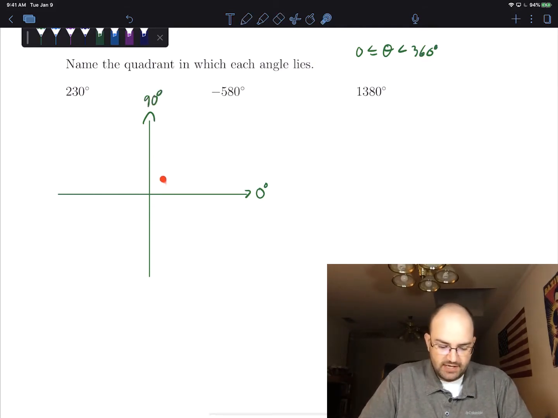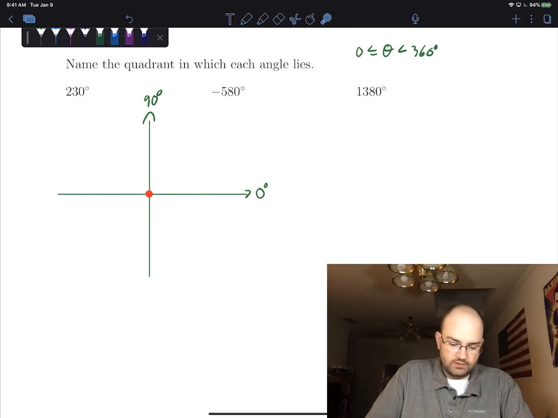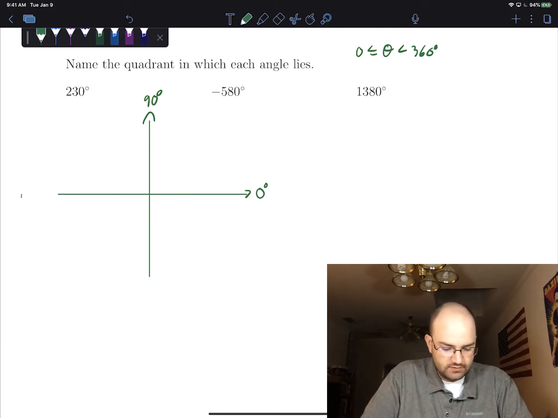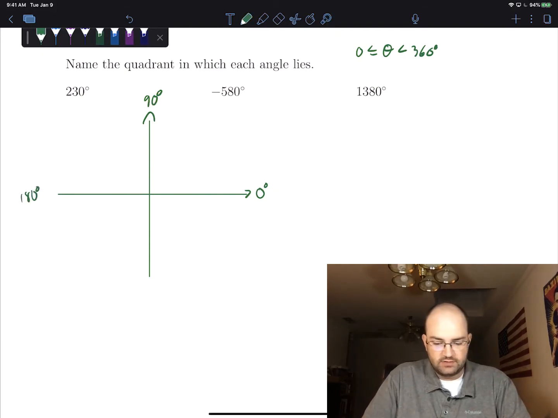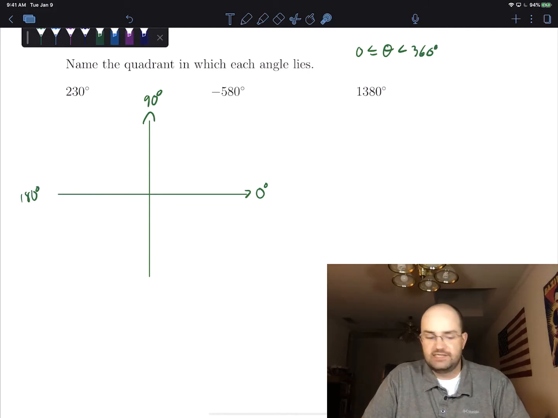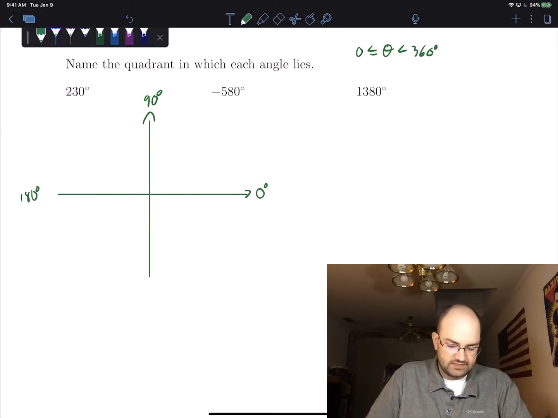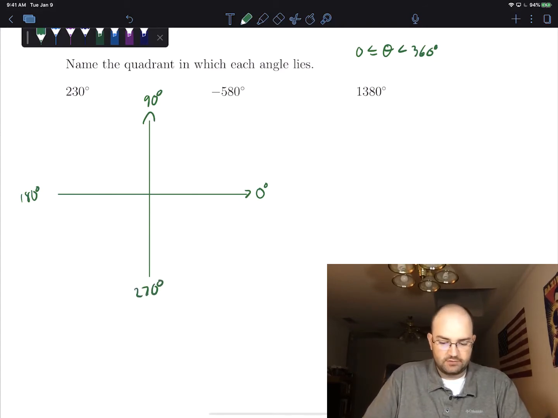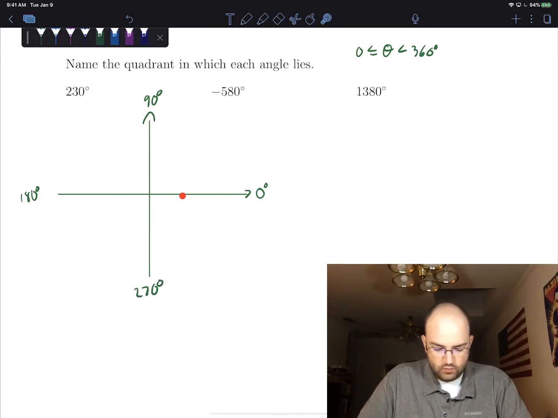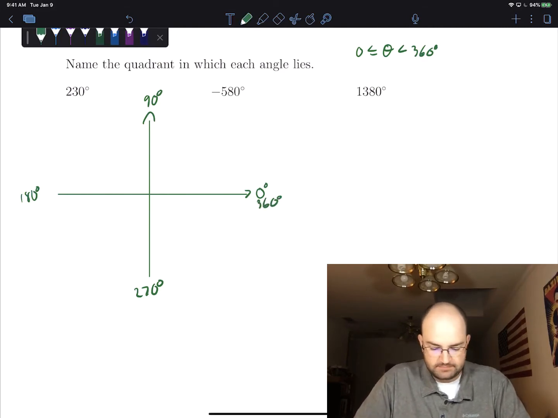And that tells me that every quadrant is 90 degrees. Then keep going over here, so add on another 90 degrees. That would give us 180 degrees. In other words, the negative x-axis is 180 degrees. And then going down one more 90 degrees, that gives us 270 degrees. And then add on one more, that would of course give us another 360 degrees.